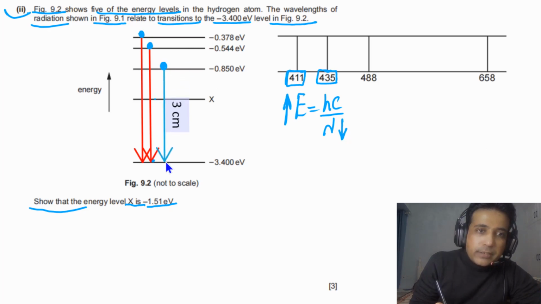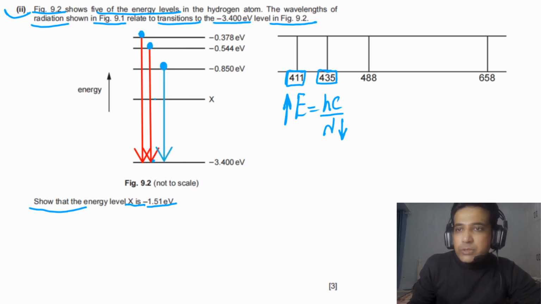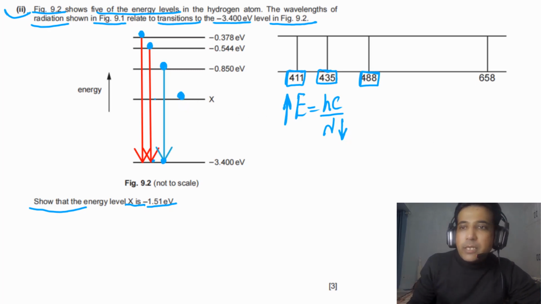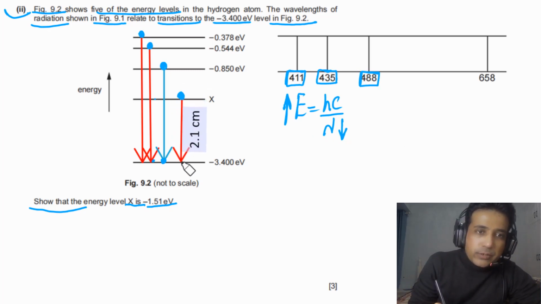When it comes to the lowest energy level, it emits a photon represented by this wavelength. And the last one, imagine that one electron is here, also in an excited state. When this electron jumps to the lowest energy level, it will emit a photon, so we can draw this line.